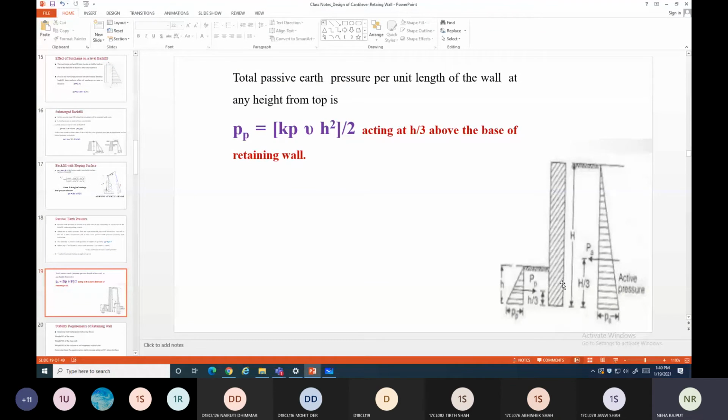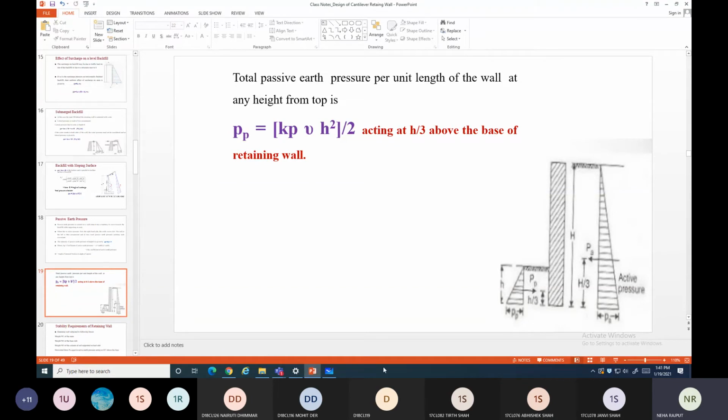This is the stem. The right side is the active pressure at a distance of h by 3, but below the ground surface the soil will be there, and that soil will resist the deflection of the stem due to the active soil mass. This is the same triangle diagram. Passive pressure is Kp into gamma into H, acting at a distance of h by 3.